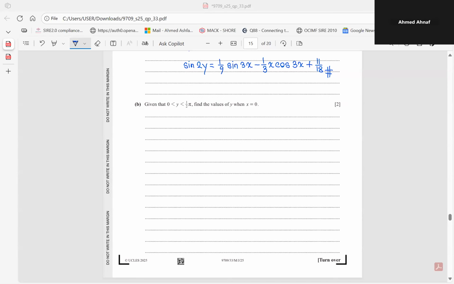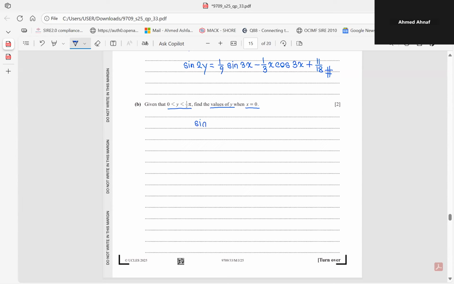For this part, we're told that y is between 0 and pi over 2. We have to find the values of y when x equals 0. First, let's substitute x equals 0.